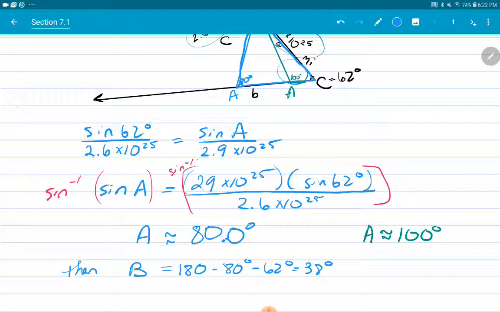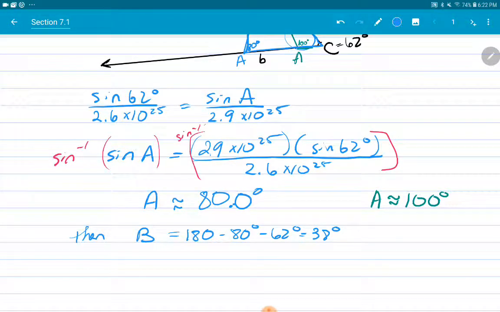And that gives us angle B, and then using the law of sines, we have sine of 38 to side B equals sine of 62 to side C, which is 2.6 times 10 to the 25th.